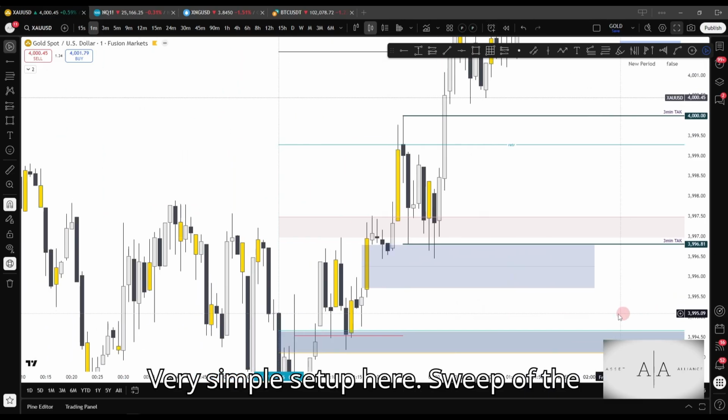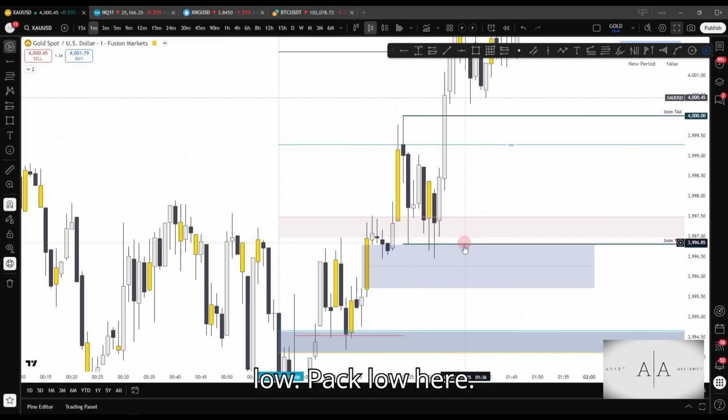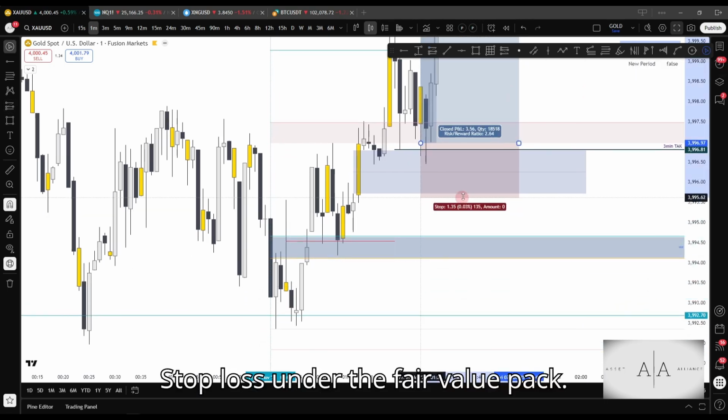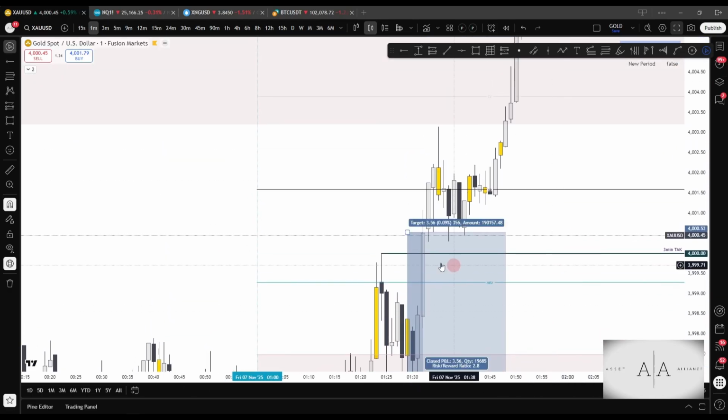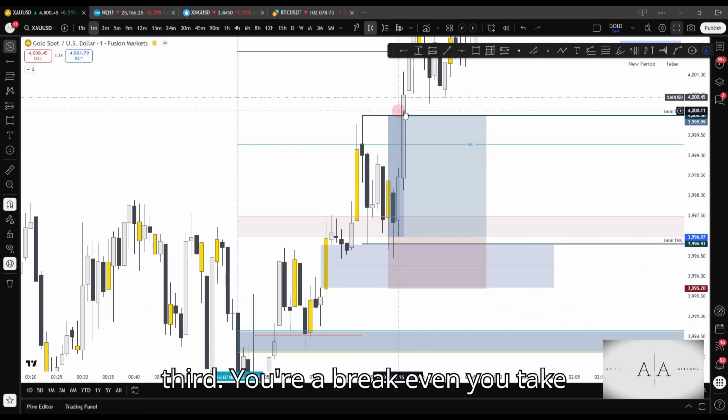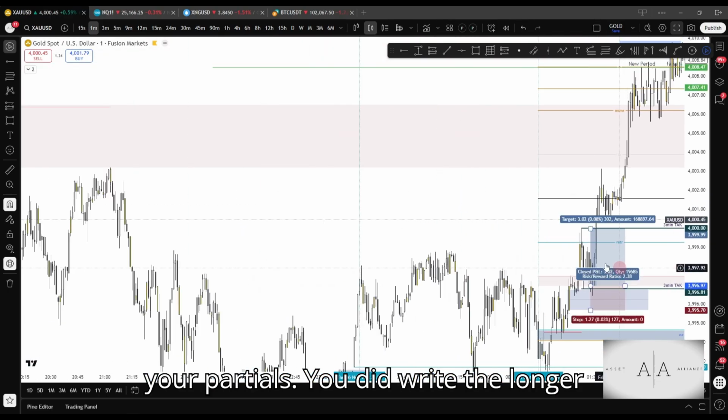Pretty simple setup here. Sweep of the low, tack low here, enter here. Stop loss under the fair value gap tack. Higher prices into the 3-minute tack. You're at break even, you take your partials, you let it ride the longer you can.